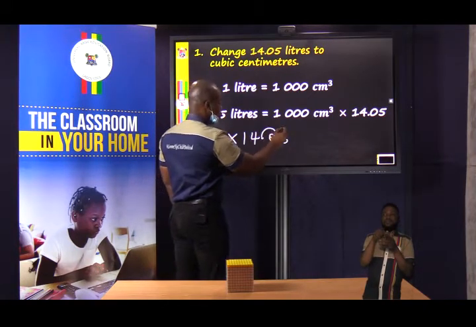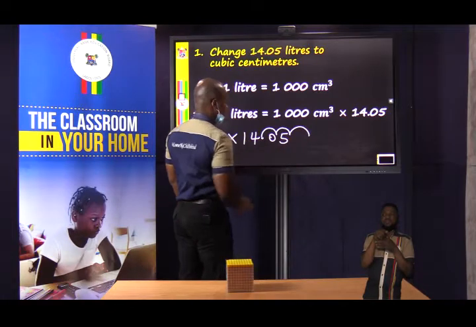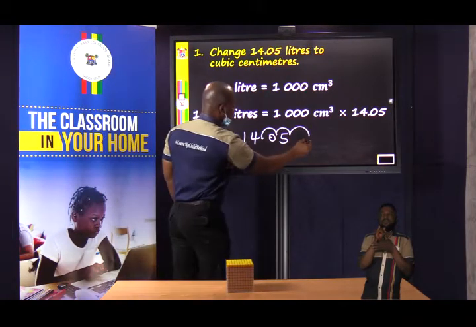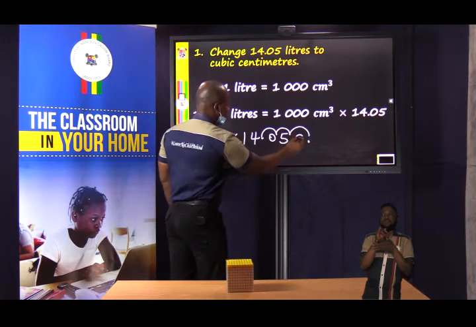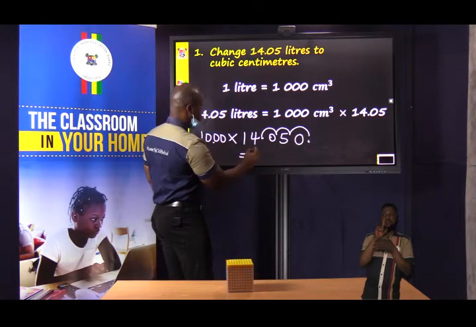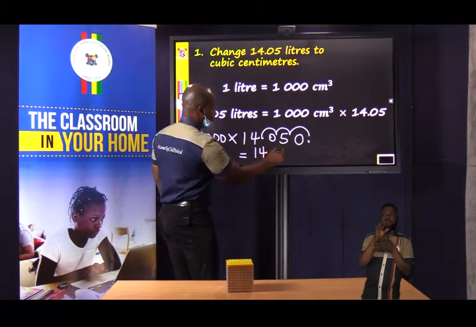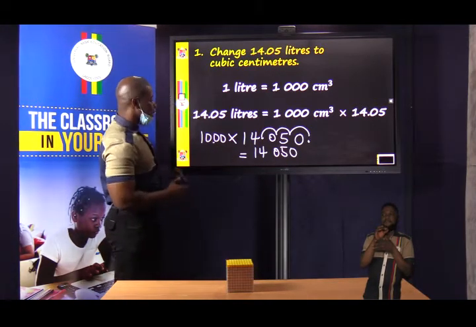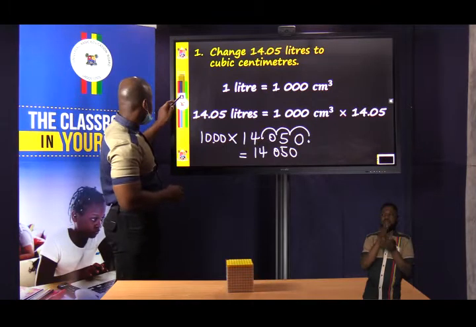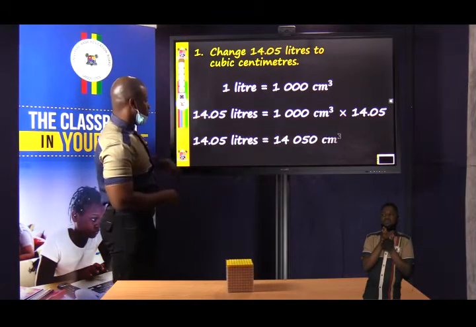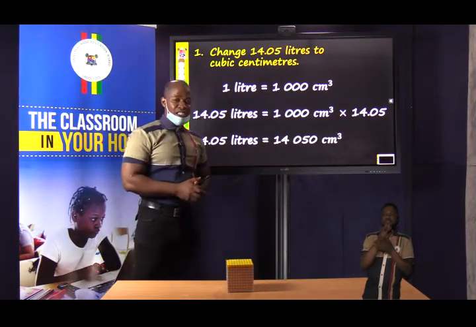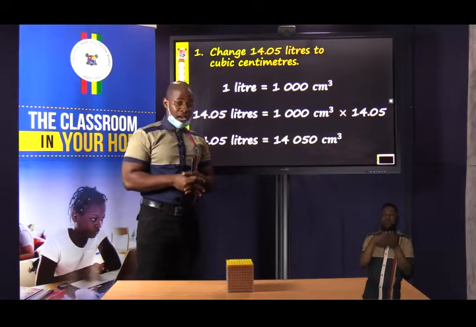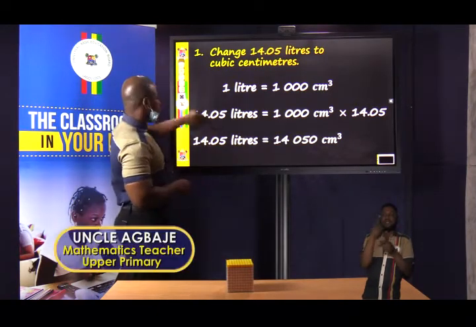So 1, 2, 3. That is, the decimal point will end up here and we have to fill this place with 0, and that means we're going to get 14,050. So let's just see whether our answer is correct. Of course, it is. That is 14,050 centimeter cubes. I'm sure that that is what you got as well. Let's see the next one.